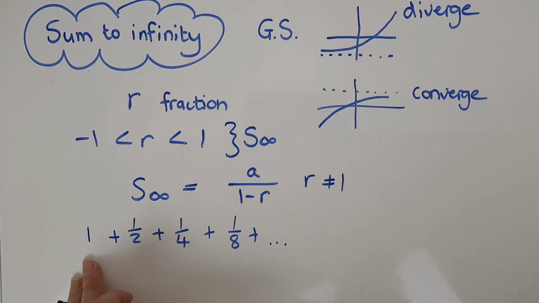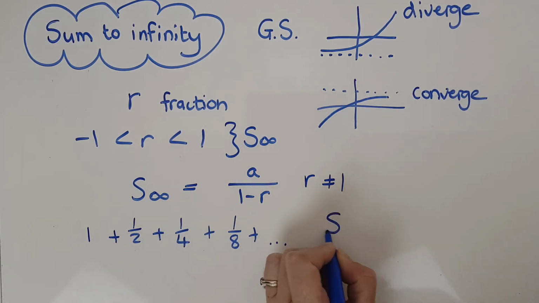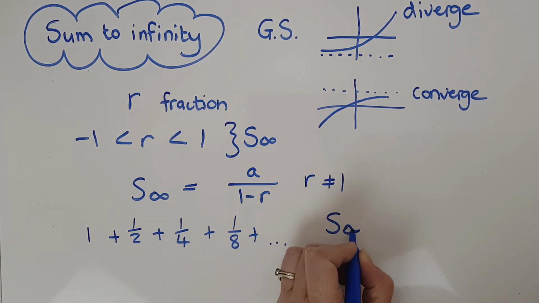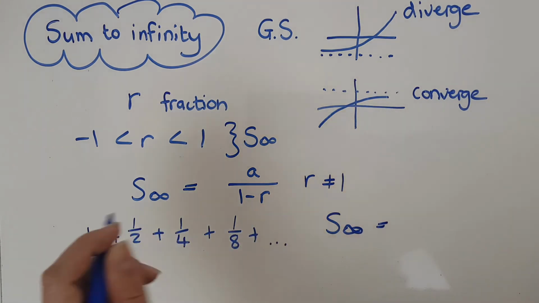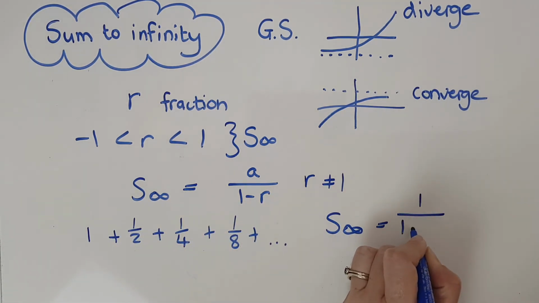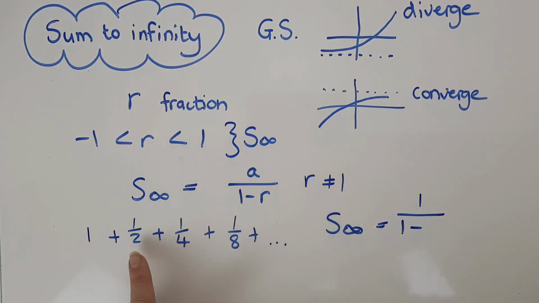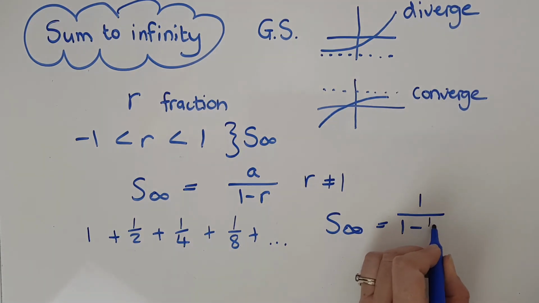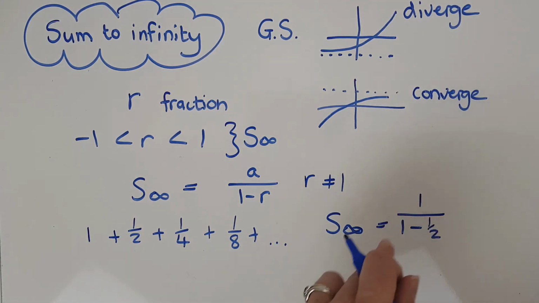So a is clearly 1, so my sum to infinity of that would be my a, which is 1, over 1 minus r. So 1 minus a half gives me a half. So I've actually just worked all of that out in my head. That's 1 over a half. So the sum to infinity is 2.